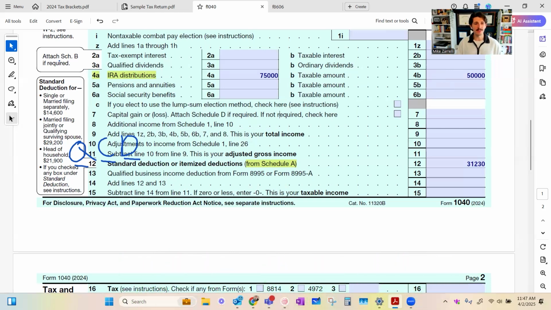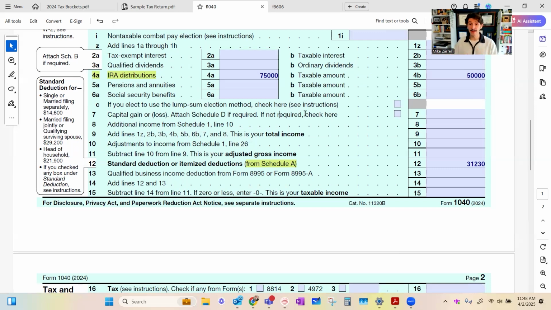Now, what this means is that the QCD amount is excluded from your income. A lot of times what you'll see, or how this should be done, is in the margins, your tax preparer or TurboTax should put QCD right in this margin right there. That's how you know that you didn't get taxed on that income that went directly to a charity.